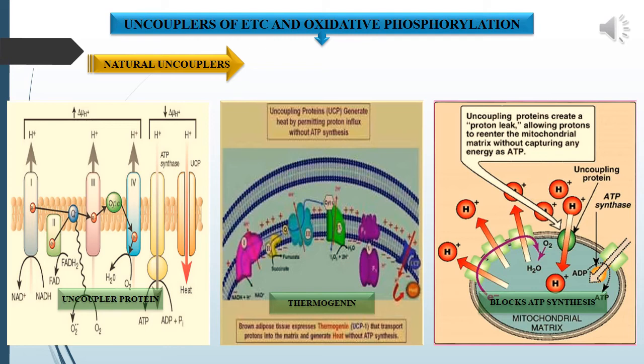When the proton concentration is high in the intermembrane space, ATP can be synthesized by ATP synthase. When you decrease the proton concentration in the intermembrane space and it increases inside the matrix of the mitochondria, it will inhibit ATP synthesis. Thereby, UCP acts as a natural uncoupler in the ETC.